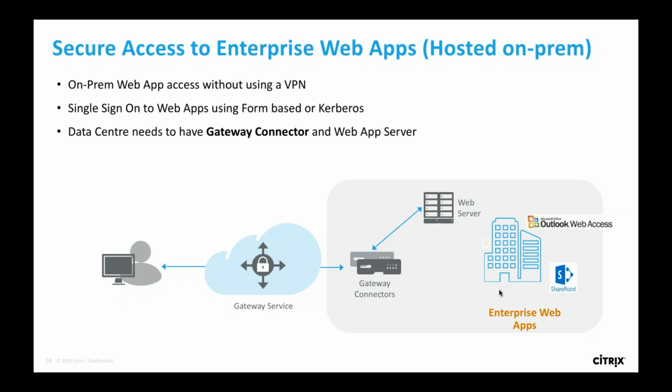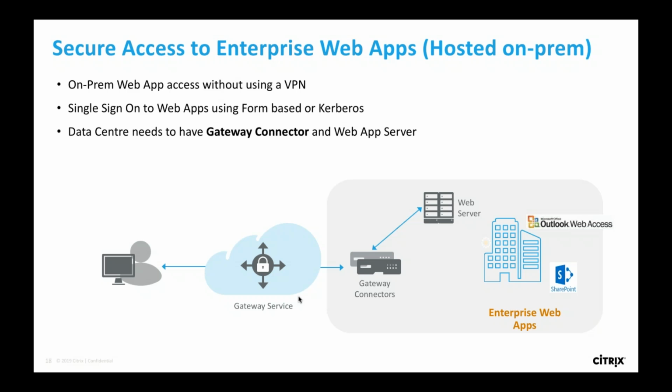Not only can we do single sign-on, but we can also make it easy for you to have end-to-end access. This traffic does go through our cloud, but the benefit is that you don't have to manage these connectors or the service. It's all managed by Citrix, and these connectors are like virtual machines that you deploy within your enterprise, and they phone home into our cloud and are fully managed.